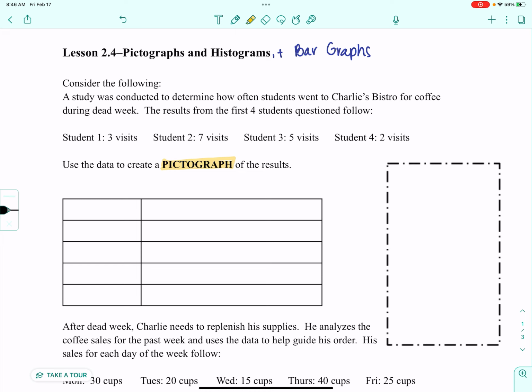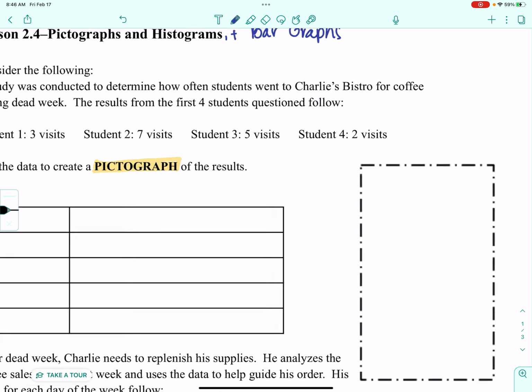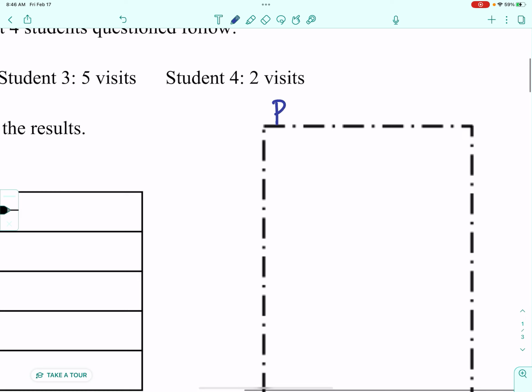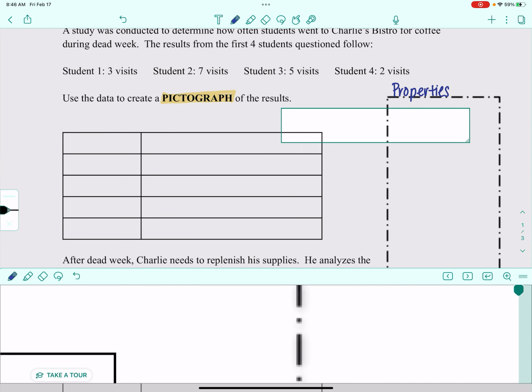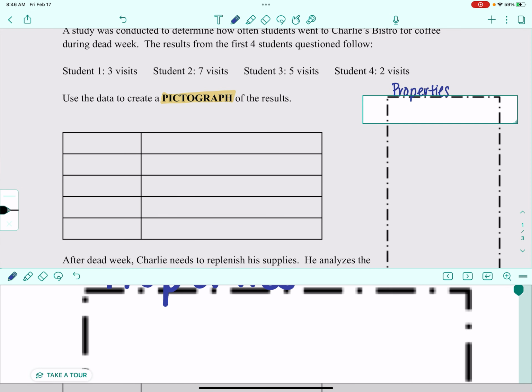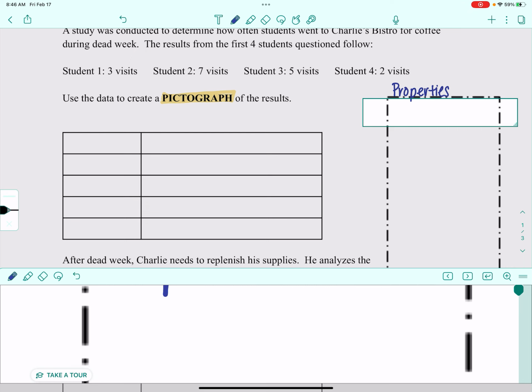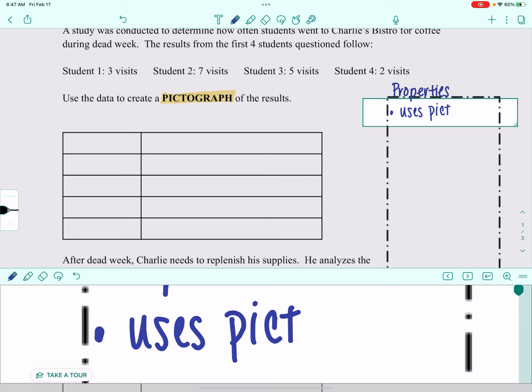A few things you need to know about pictographs. We'll look at some properties. When you use a pictograph, what you're doing is you are using pictures to represent your data.